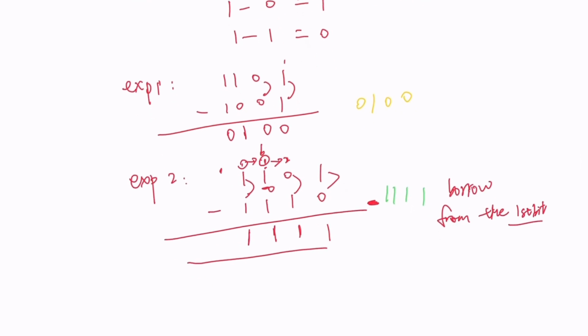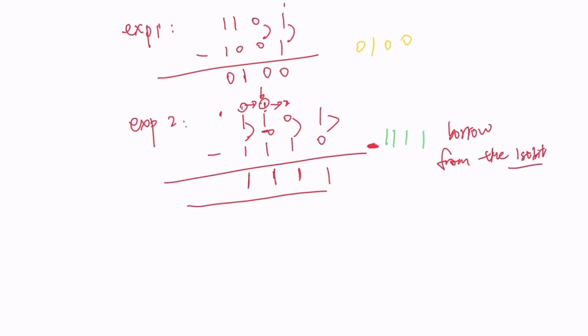So basically it's similar to how we do the decimal numbers. Every time we have a borrow, we do the borrow. If it's a 1 minus 0, it's a 1. 1 minus 1 is 0. Let's look at another example. 1101 minus 0010.